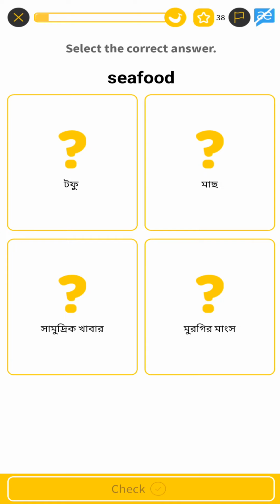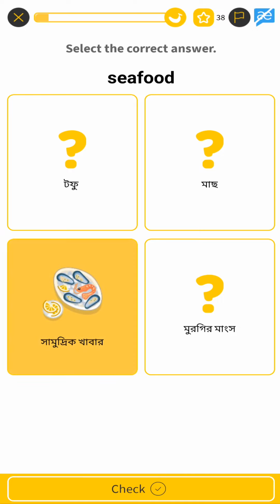Seafood was, it must be the third one. Shamudrik Khabar.